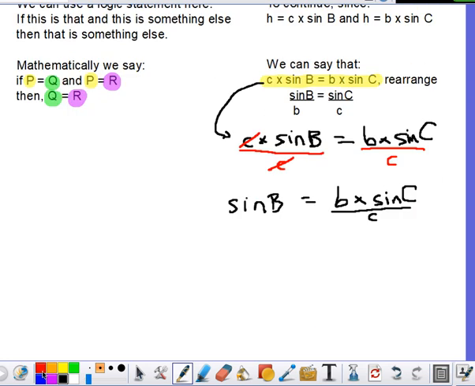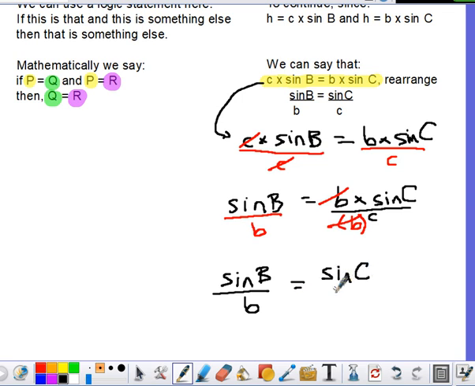Okay, great. Now we want to get rid of this B from the numerator. So we're going to divide this side by B and also divide that side by B. On the right side the B's cancel out and we are left with the sine of B divided by B equals the sine of angle C divided by side C. And that, ladies and gentlemen, is the sine law.